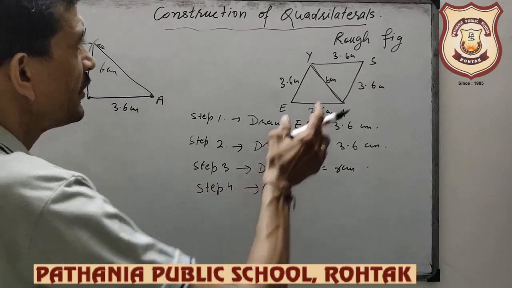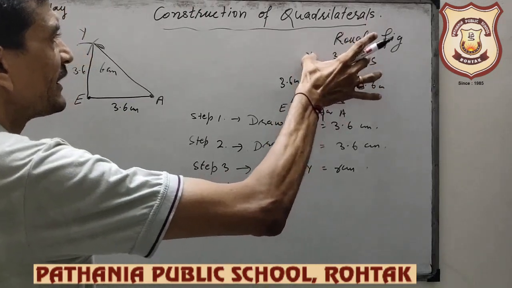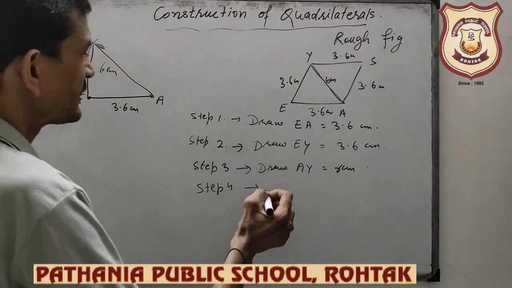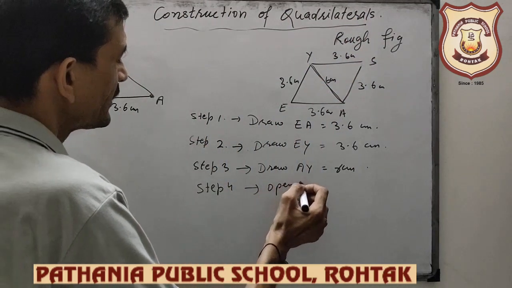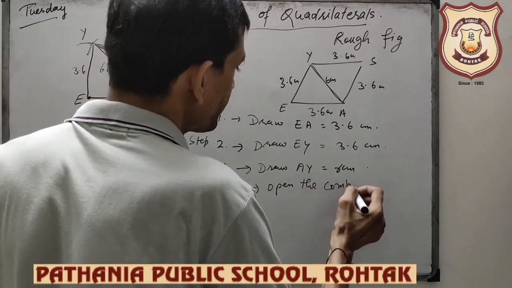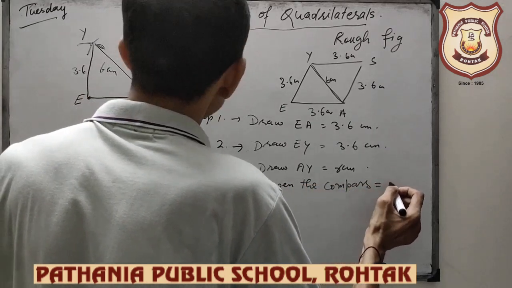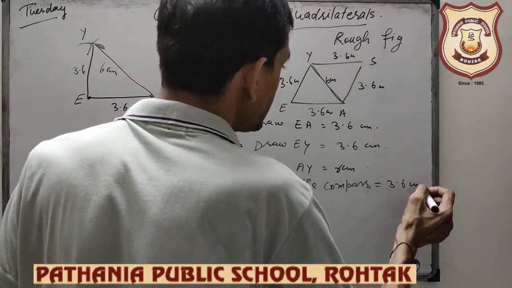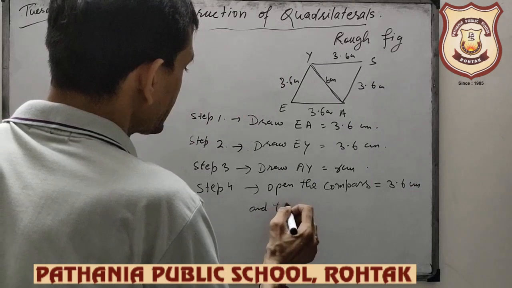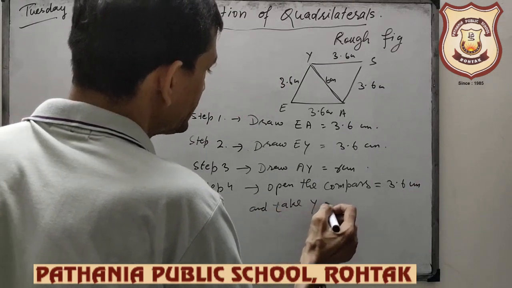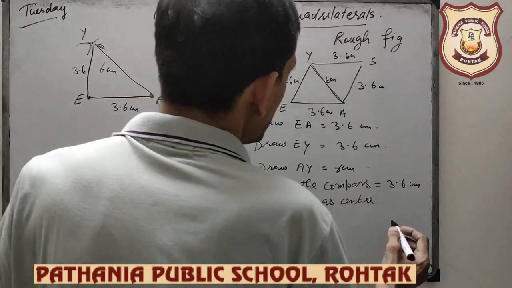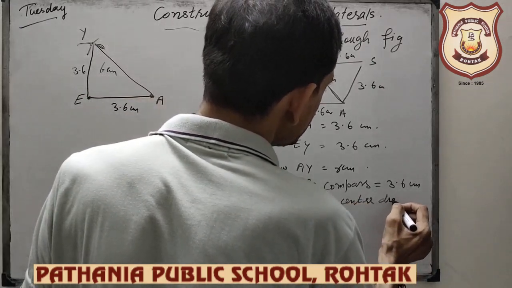What should I do now? Now take Y as center and draw an arc of 3.6. Now open the compass equal to 3.6 centimeter and take Y as center. Draw an arc.